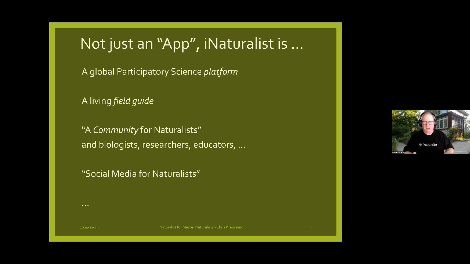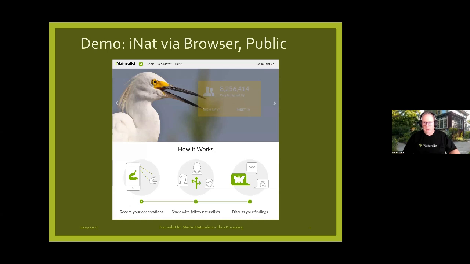Anything I upload to my iNaturalist will show up on the iNaturalist on the other side of the world, and that's really cool, and vice versa. One of my colleagues here in New York has called it social media for naturalists. I go so far as to say it's social networking for naturalists because I have met so many people through iNaturalist, and some of them I now consider friends, in addition to colleagues. So we're going to start right away.